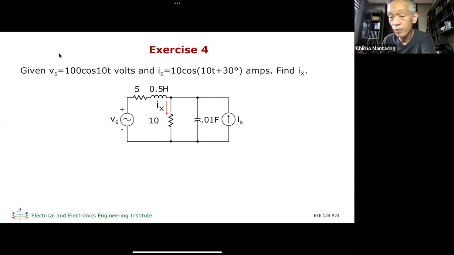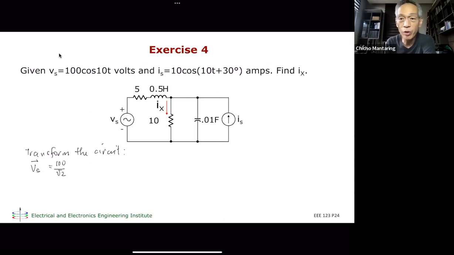So step 1, you transform the network. So we transform the circuit. Okay, yung V of S, our transformed voltage source is going to be 100 over the square root of 2.